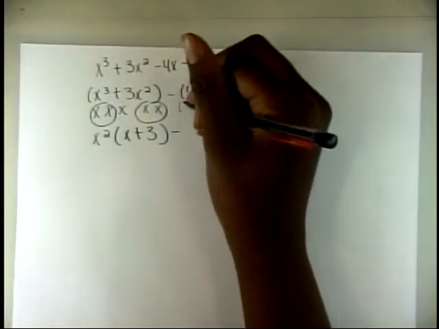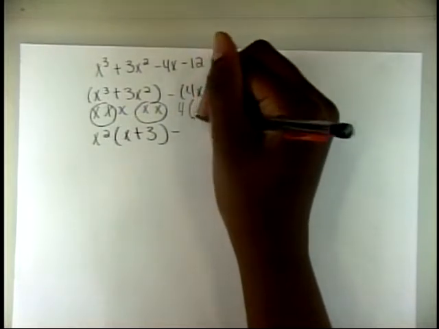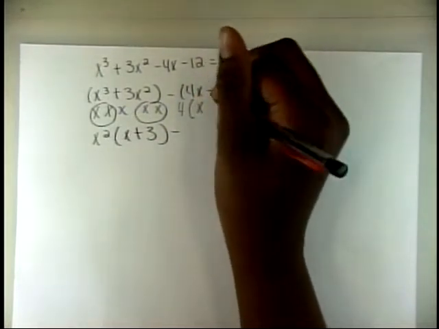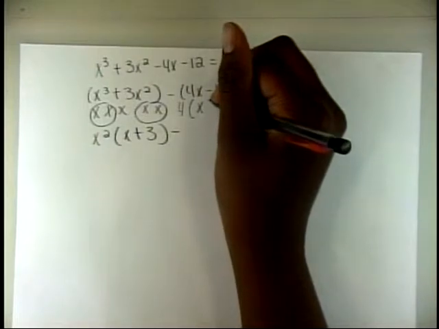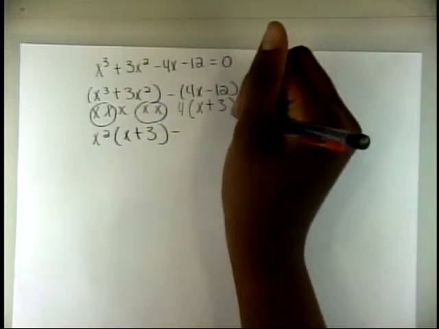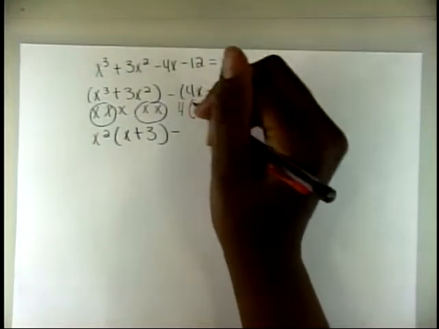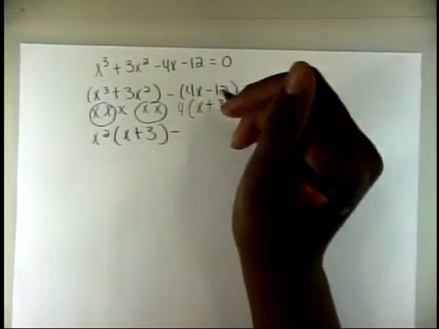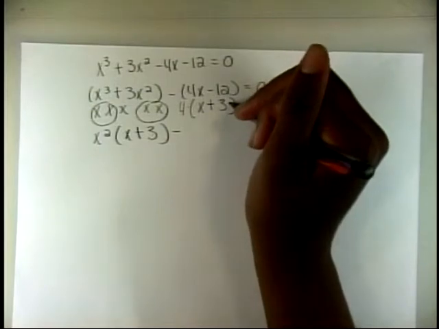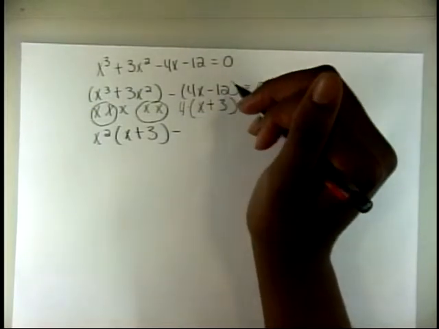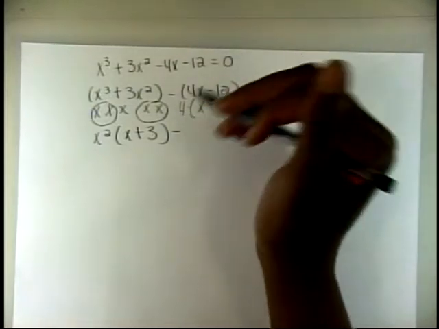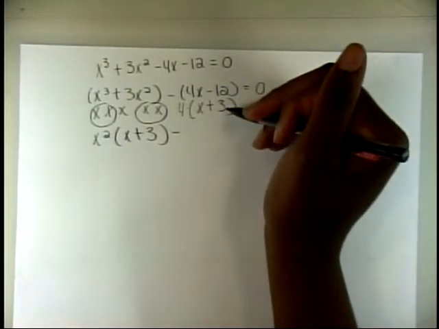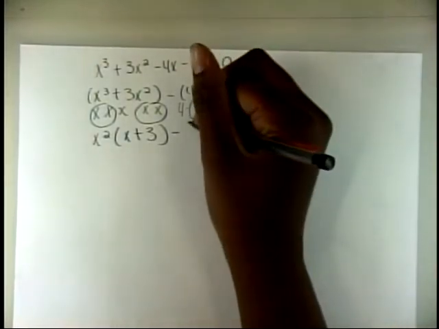So when we pull out a 4, this will make this an x, and this will make a positive 3. The reason why the 12 becomes a 3 is because 12 divided by 4 is 3.